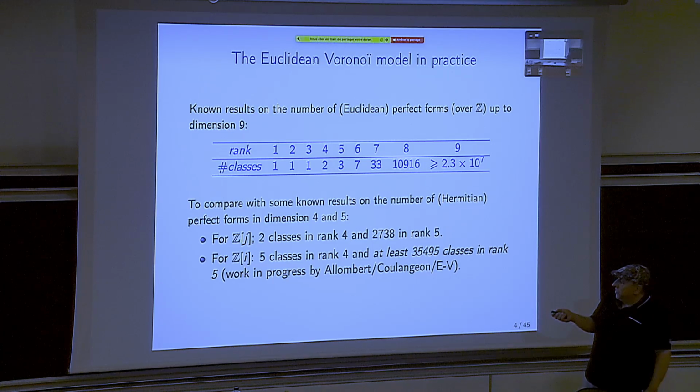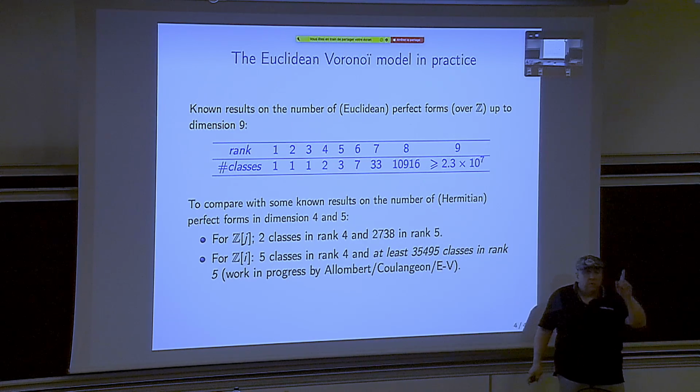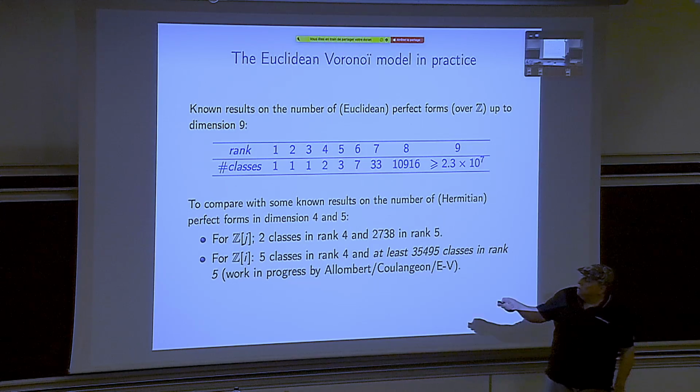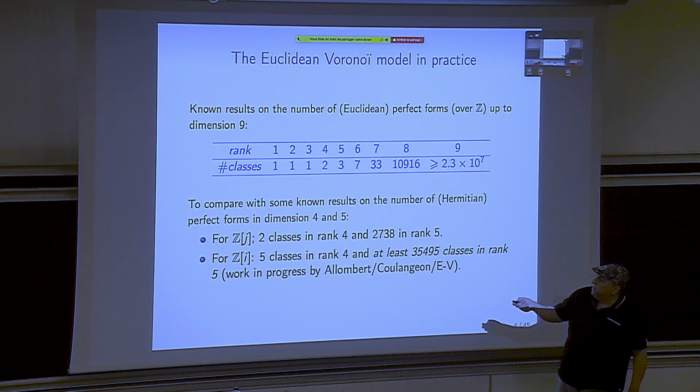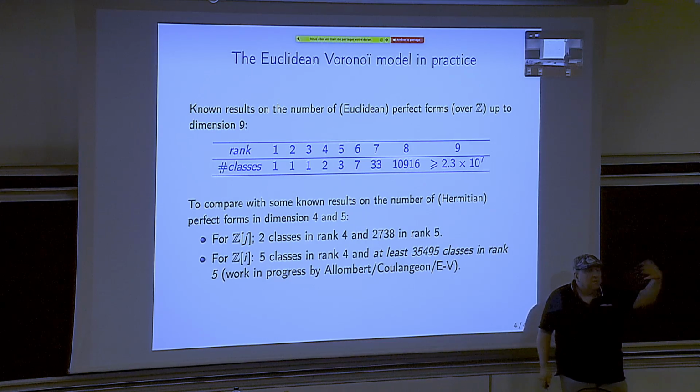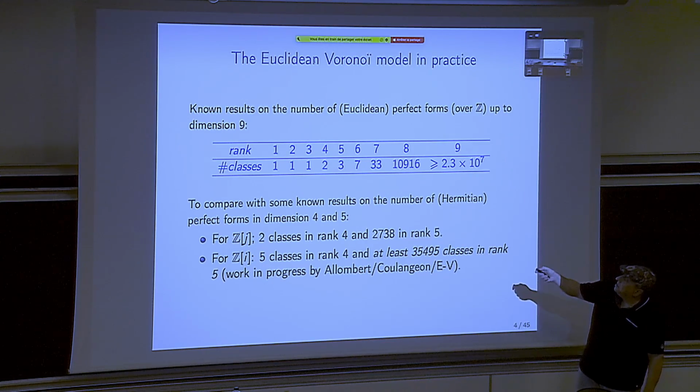But the geometry here is way easier than there, because what you can say is, okay, if I look at a perfect form for Gaussian or Eisenstein integers of rank 4, but if I look at it over Z, I will be in 8 dimensions.